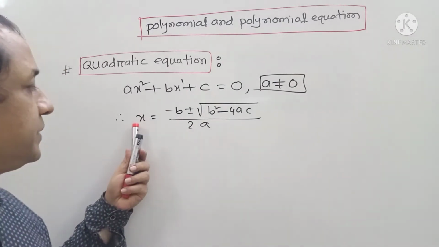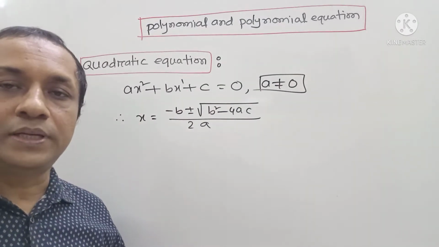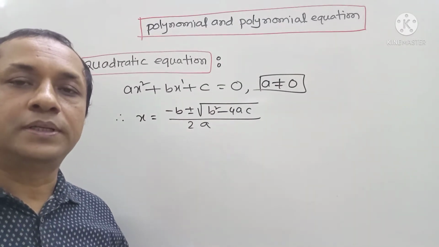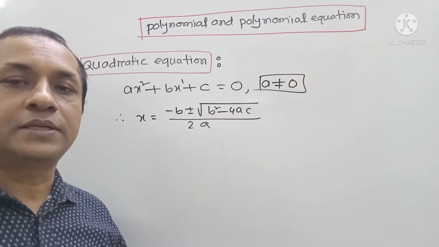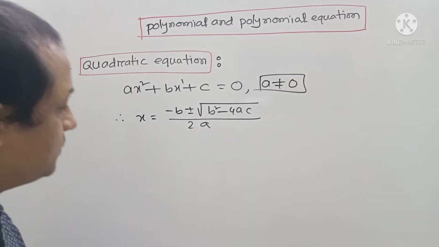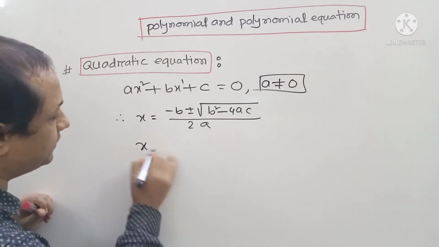So we know that x equals minus b plus or minus root over b square minus 4ac by twice a. So student, here two values of x.